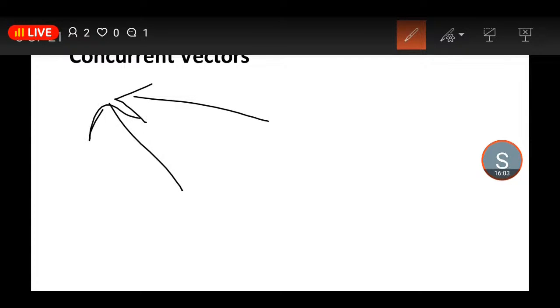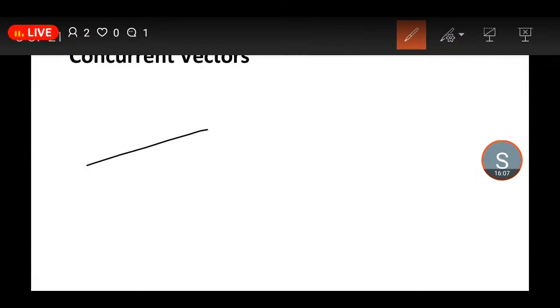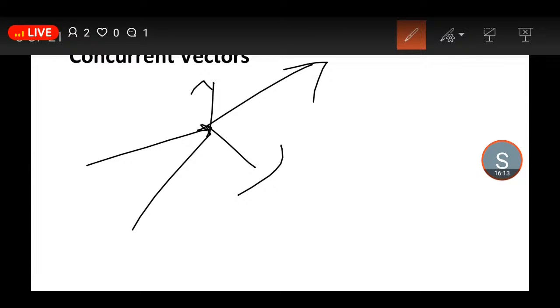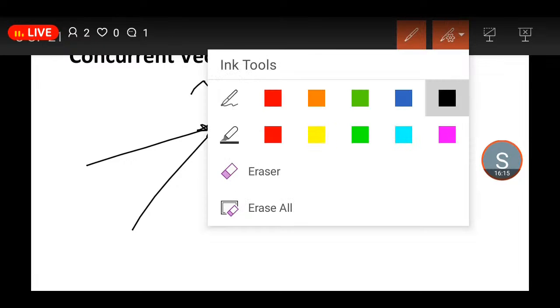Concurrent vectors are those which intersect like this. You can understand better like this: two vectors have gone like this, and this point of intersection is the concurrent point.